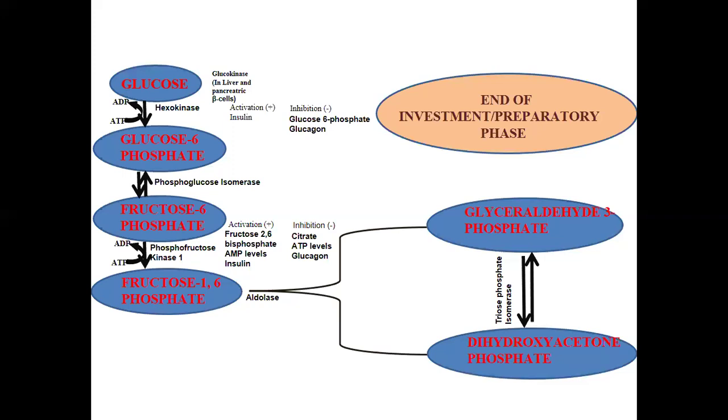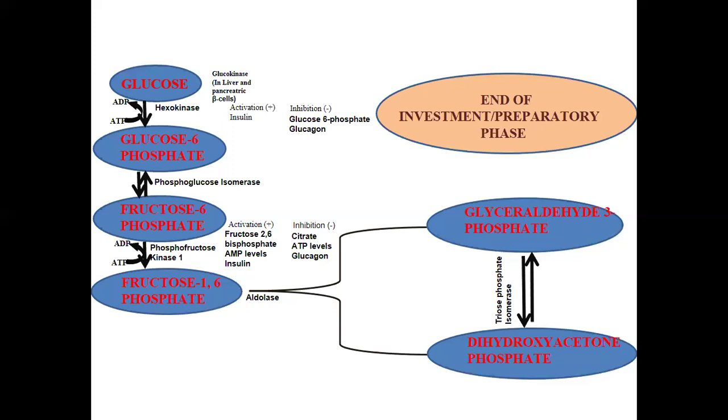Okay, so insulin helps to activate the reaction. So when you have insulin present, it helps to activate the reaction because it signals that, oh, there is enough glucose in the system. And of course, insulin helps to transport the glucose into the cell and subsequent conversion of glucose into glycogen.